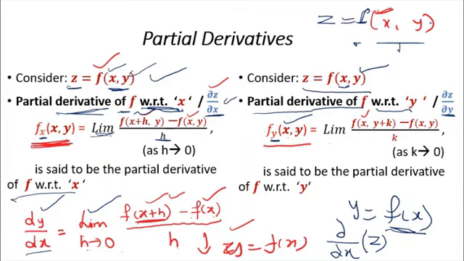What change are you taking in y? k. So (f(x, y + k) - f(x, y))/k, which is the difference in the f value divided by the change k, as k tends to 0. This ratio is said to be the partial derivative of f with respect to y.